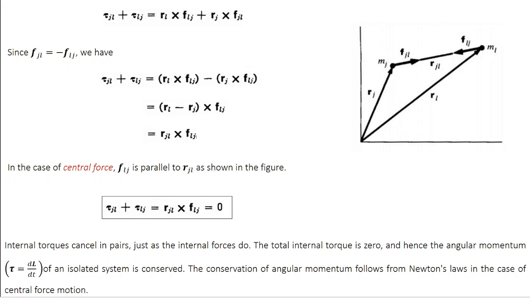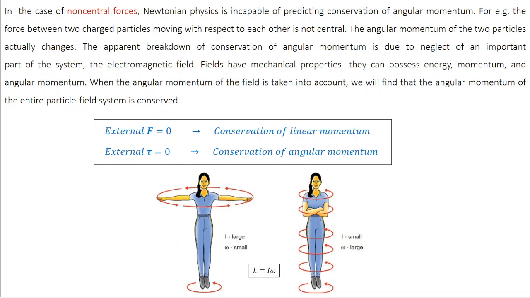Now in the case of central force motion, the conservation of angular momentum follows directly from Newton's laws, as we have shown just now. But in the case of non-central forces, this is not very straightforward. You cannot predict the conservation of angular momentum just using Newton's laws.